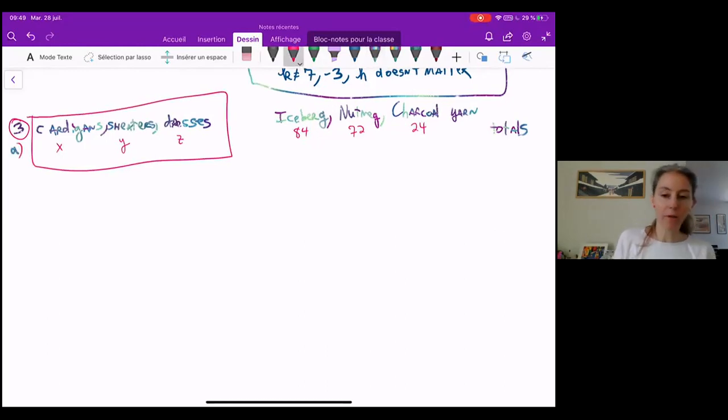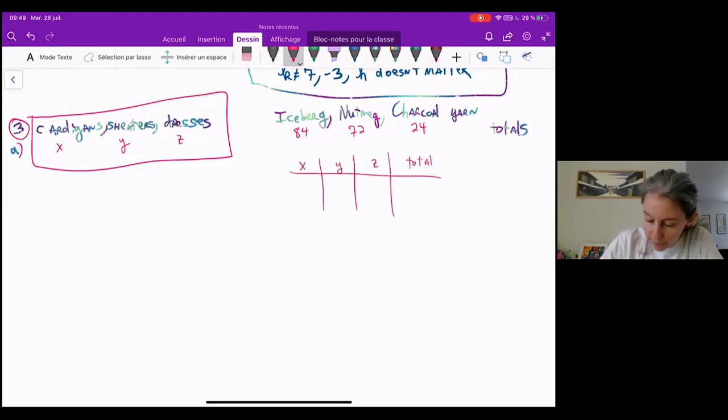And the second part of part A is going to be to write my system of equations. Now remember, for each equation, I'm going to be thinking about the totals. So I'm going to set up here so that I have X, Y, Z. I'll set up a little chart here, and then I'll have my totals, 84, 72, 24, and I'll have iceberg, nutmeg, and charcoal.